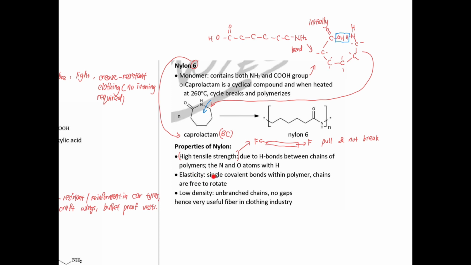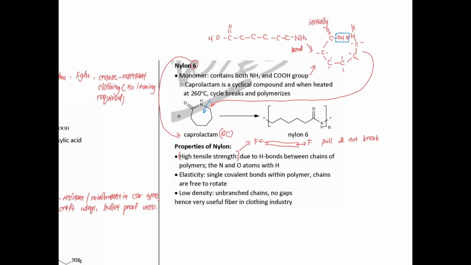Elasticity: single covalent bonds within the polymer chains are free to rotate. That happens to single covalent bonds. As you can see, these are single covalent bonds, except here, the double bond. So all these parts can do rotations.